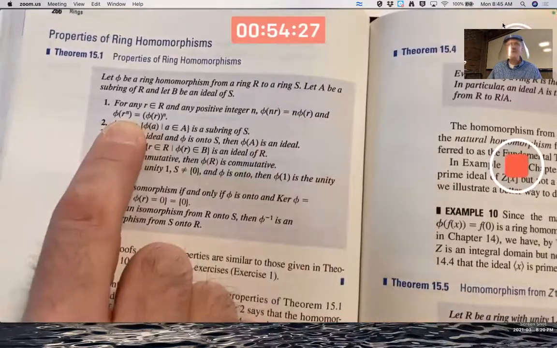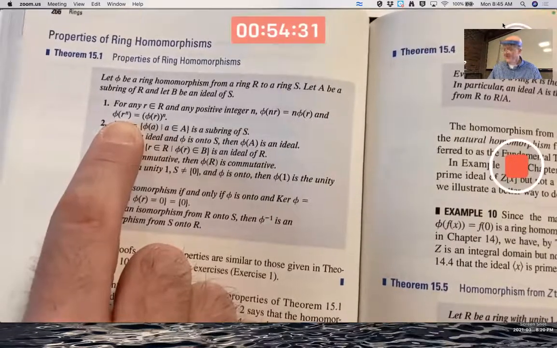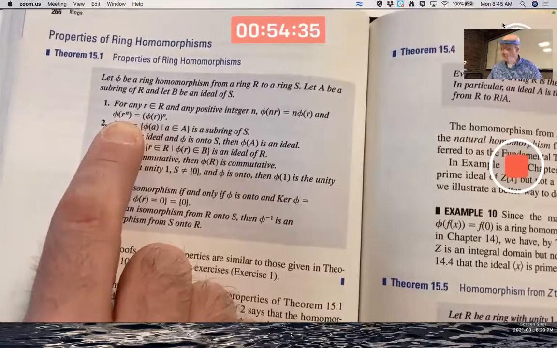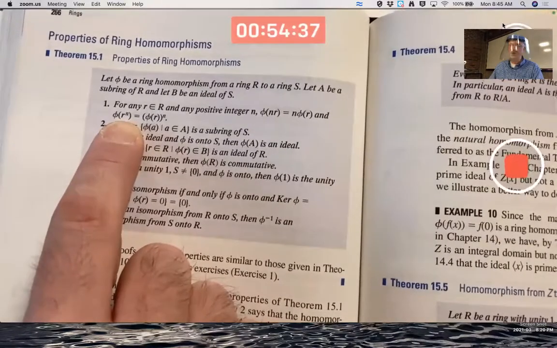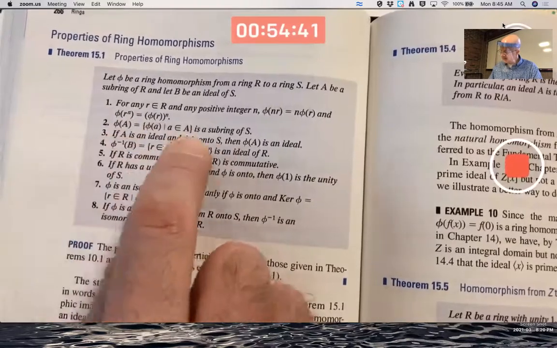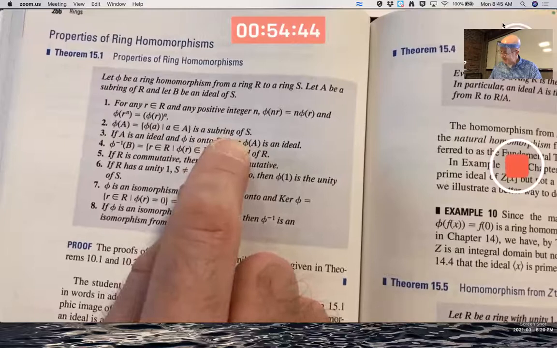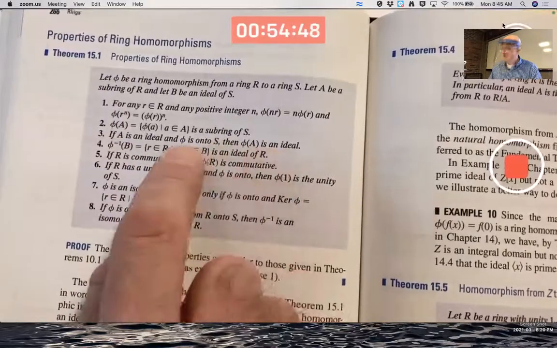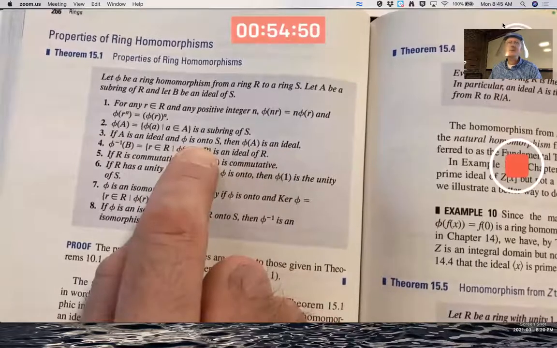Here's a new one that applies to rings, though it looks the same as the old one for groups, because with groups, we assumed the operation was multiplication in the abstract. The direct image of a subring is a subring. The direct image of an ideal is an ideal if you also assume phi is onto.